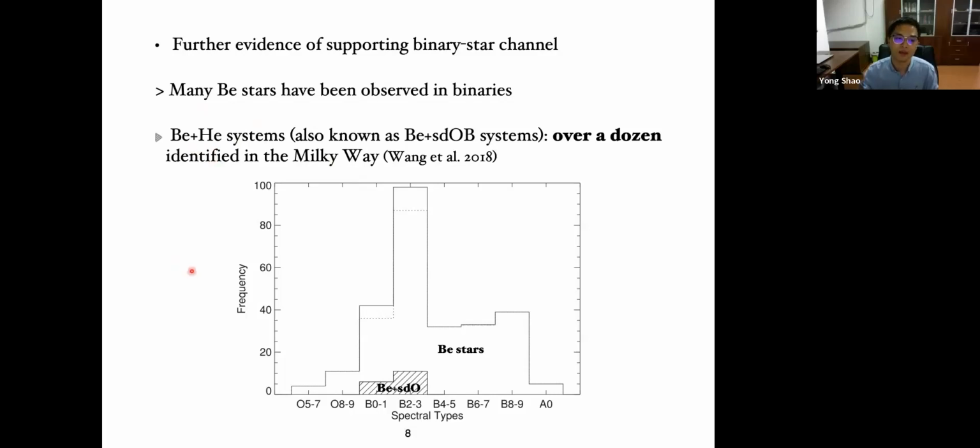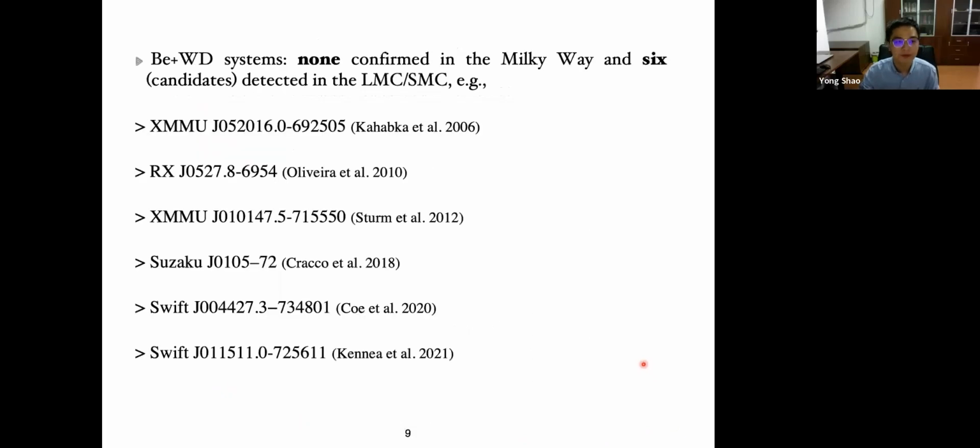In the Milky Way, about a dozen of such binaries have been identified. And for Be plus white dwarf systems, until now, none of such systems has been confirmed in the Milky Way, but 6 such systems or candidates have been detected in the Magellanic Clouds, which are listed here.